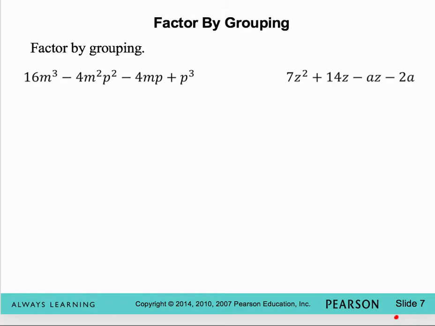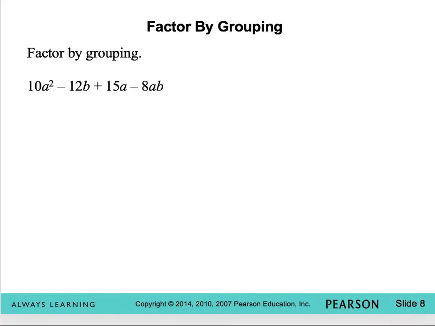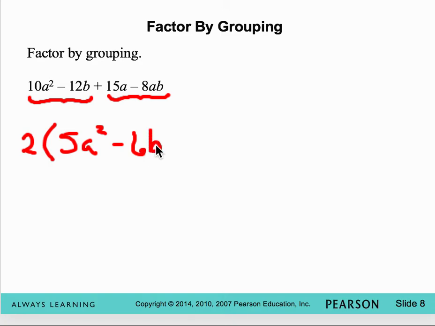Okay, whoops. Let's try that one more time. Okay, 8 and 15, so there's not a common number, no a, no b. It's a factoring by grouping. Okay, these have a 2 in common. If I divide out or factor out a 2 from each of these terms, it leaves a 5a squared minus 6b.